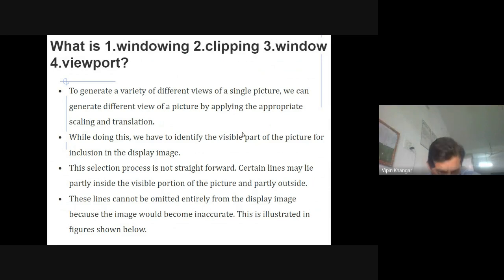The selection process is not straightforward. Certain lines may be partly inside the visible portion of the picture and partly outside. So these lines cannot be omitted entirely from the display image because the image could become inaccurate. Suppose in the selfie, at least we need to have all the faces of the group members. Even then, if we miss some of the body parts, that's okay.